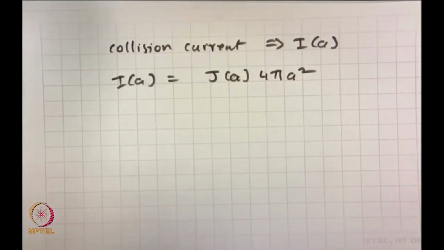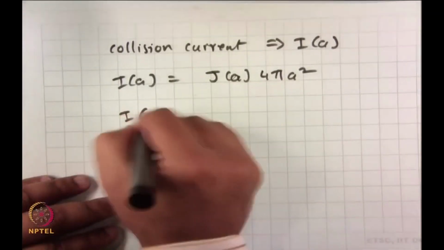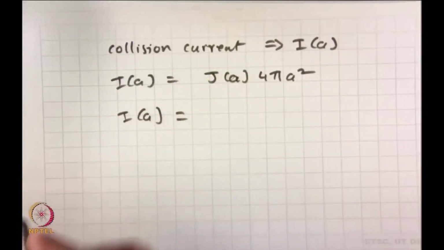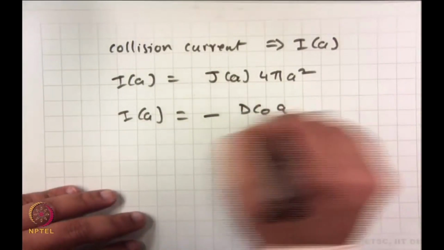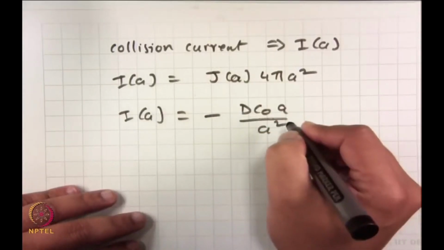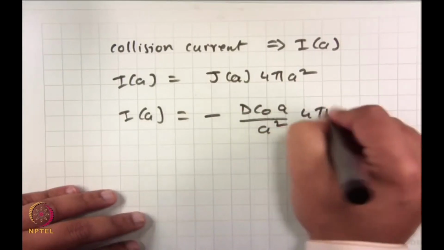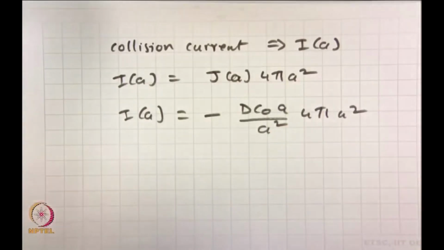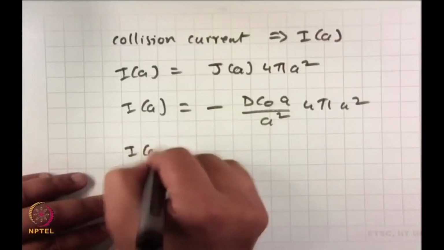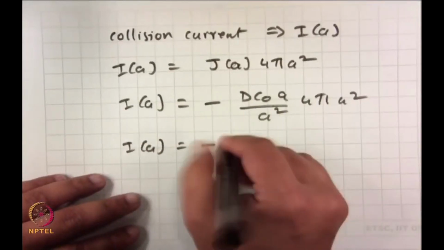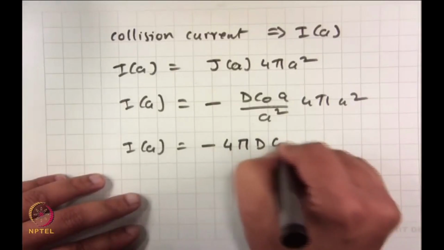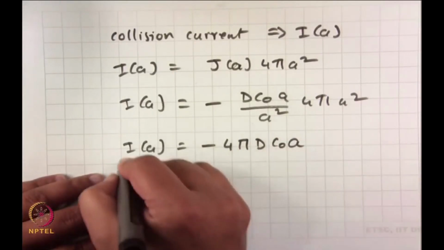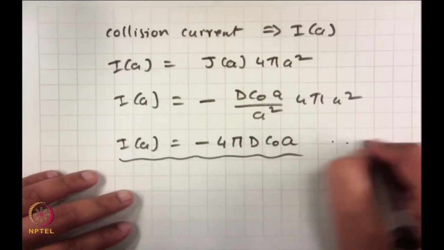We have already derived what J of A is for us. So I of A is equal to minus D C naught A by A squared, where r is equal to A, times 4 pi A squared, or I of A is equal to minus 4 pi D C naught A, and this would be equation number 29.